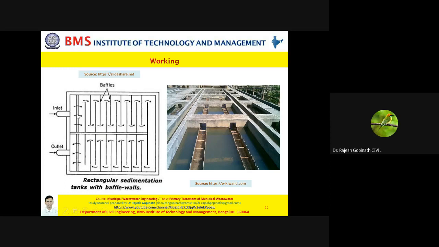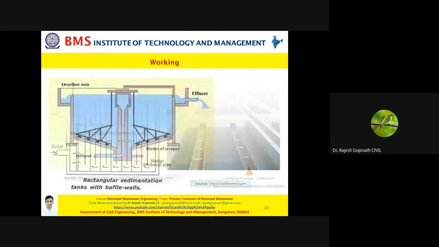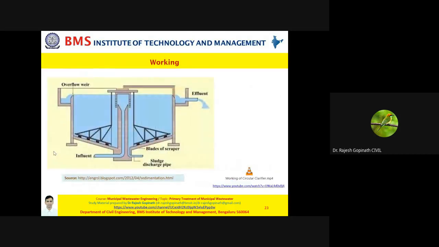So as the wastewater is moving in this fashion, there are obstructions all along in the form of baffles, and these baffles eventually reduce the flow rate, reduce the velocity, and facilitate or enhance settling and sedimentation, and the wastewater comes out. These baffles are also preventing short circuiting from taking place. So the operation and working of a rectangular sedimentation tank is very simple when compared to that of a circular tank.